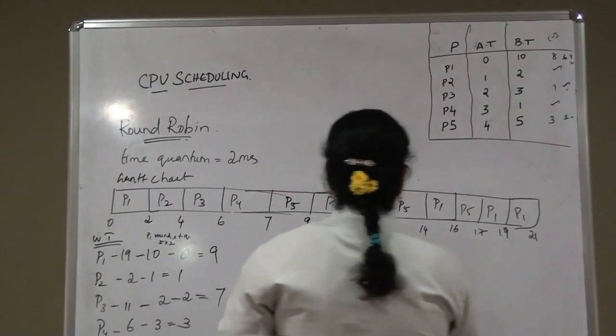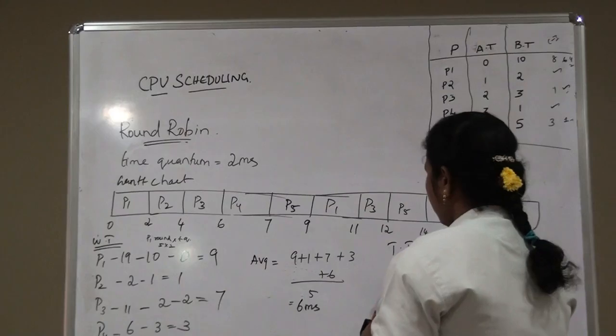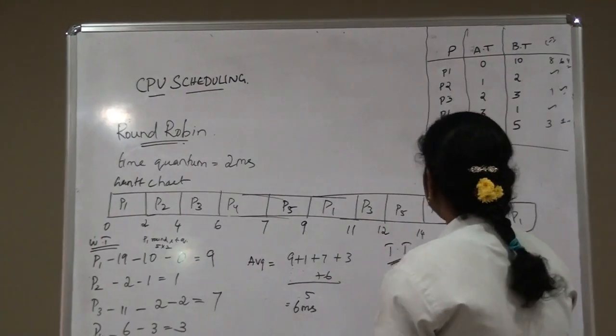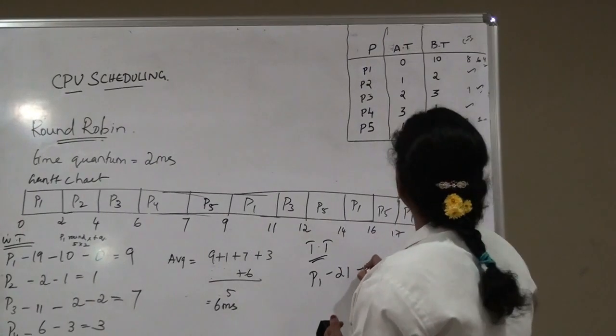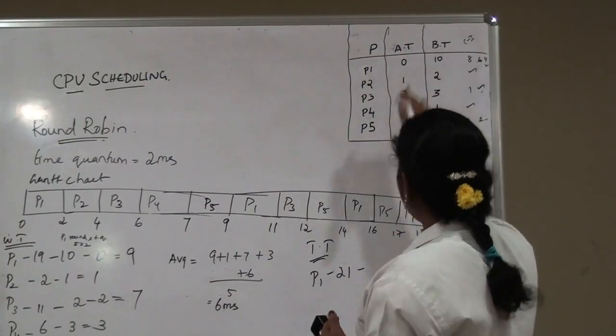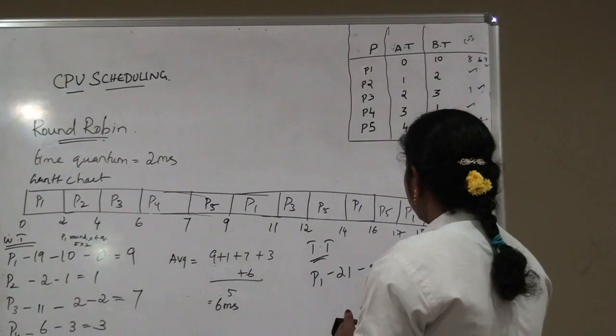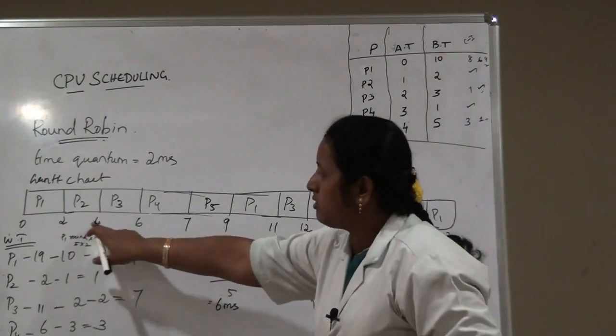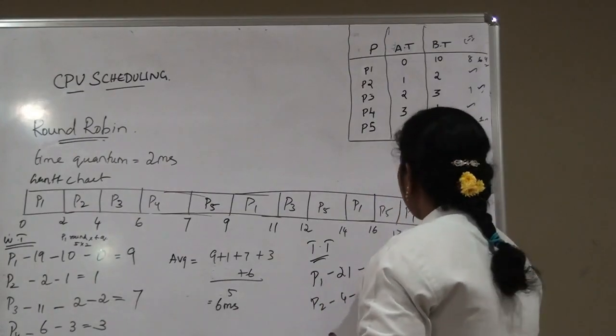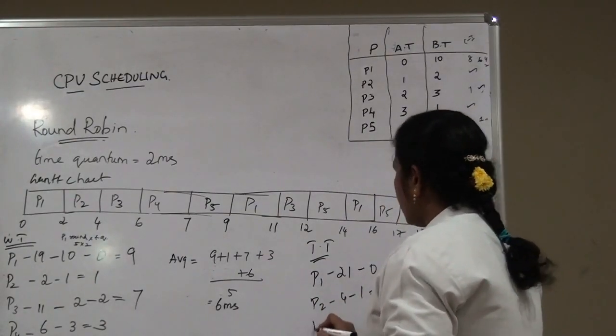In the same way, consider turnaround time. For P1, what is its last completion? 21 minus its arrival time, 0. So it is 20. Next, P2: its completion is 4. 4 minus arrival time 1 is 3.